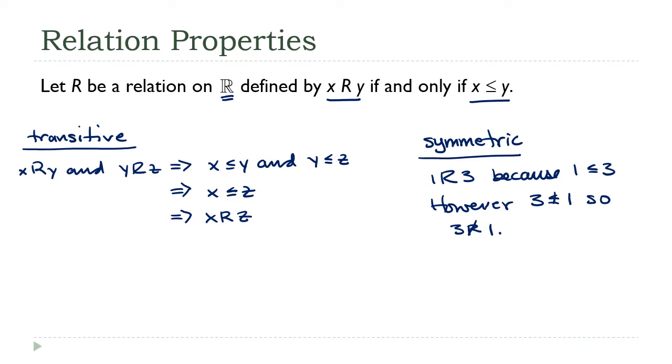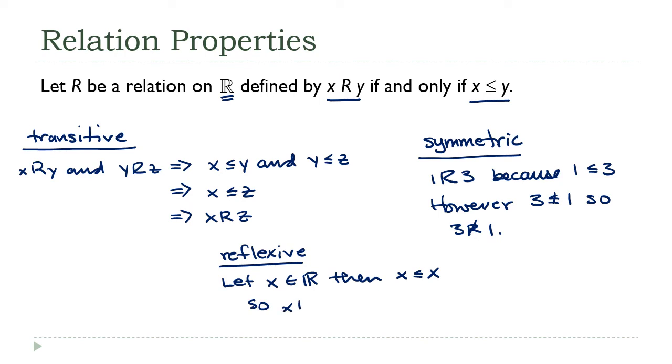And finally, how about reflexivity? Reflexive. Well, to do this one, we start off by saying let x be a real number. Then x is less than or equal to x.